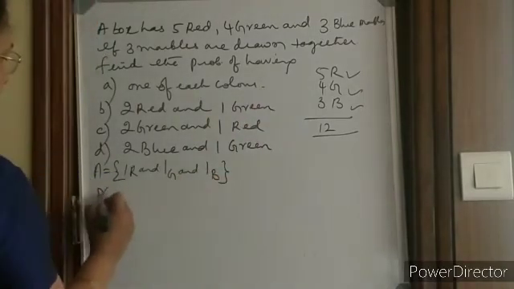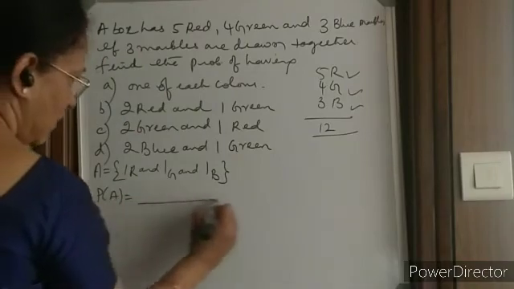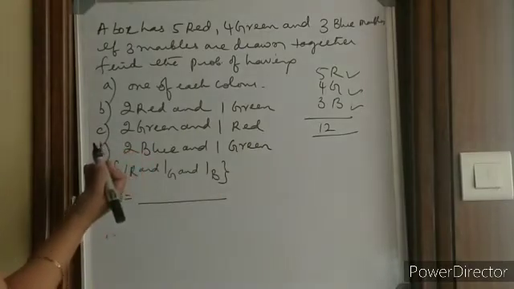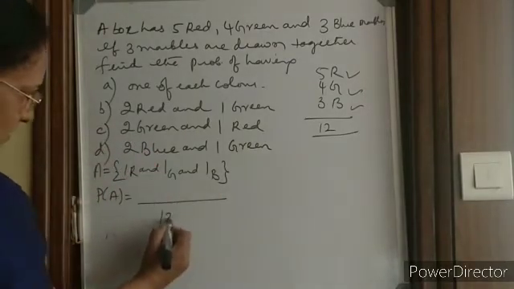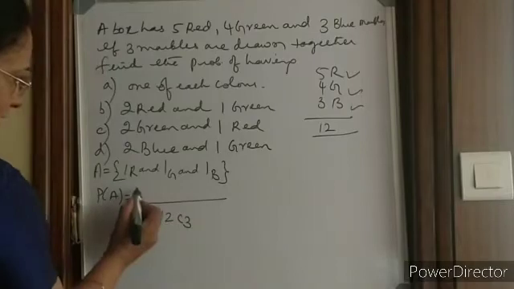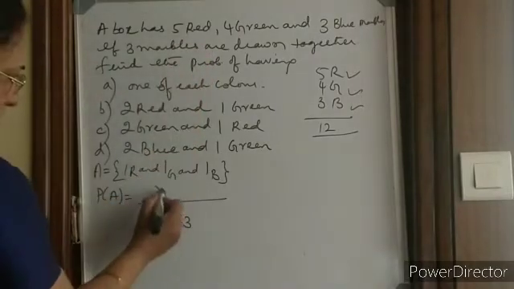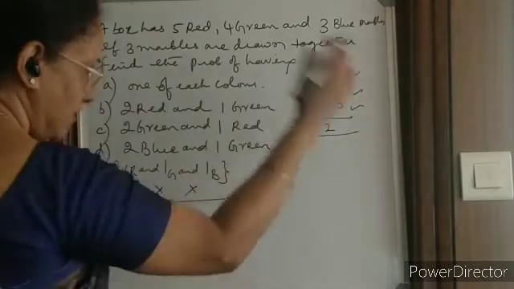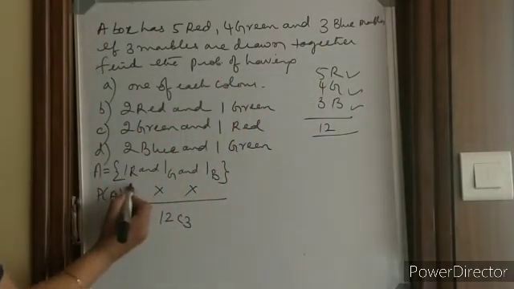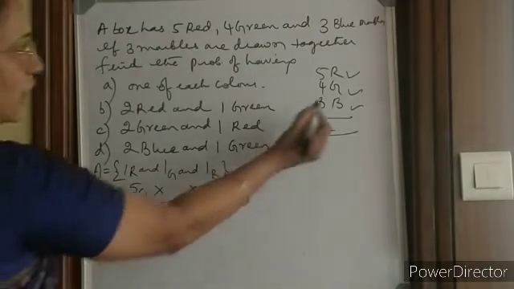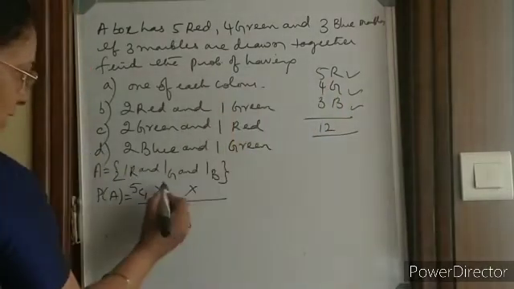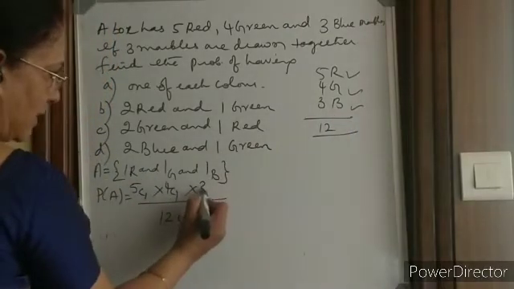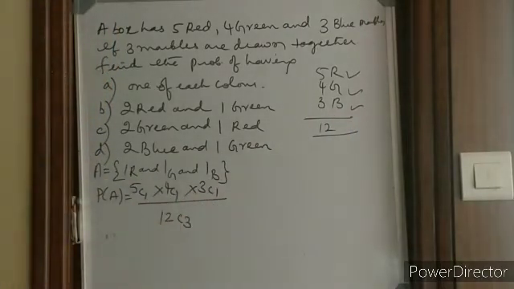So probability of A. Now together how many? 12. Out of 12 how many are drawing? So 3. So 12C3, and is there. So 1 is red. Out of 5 red, you are drawing 1 red marble. So 5C1. Out of 4 green, 1 green marble. So 4C1. Out of 3, so 1. So 3C1. Okay.